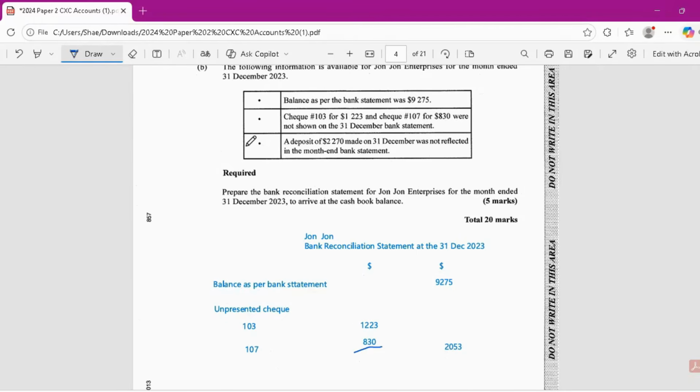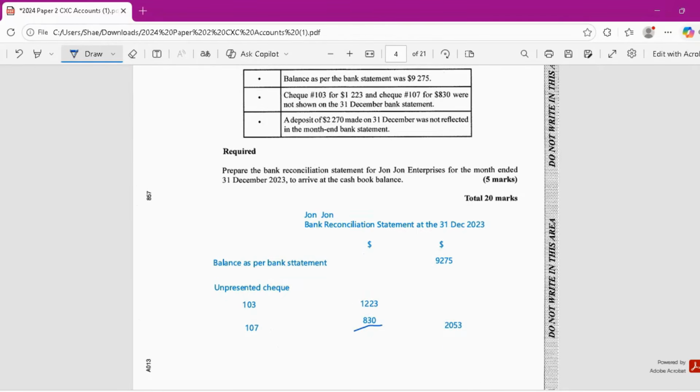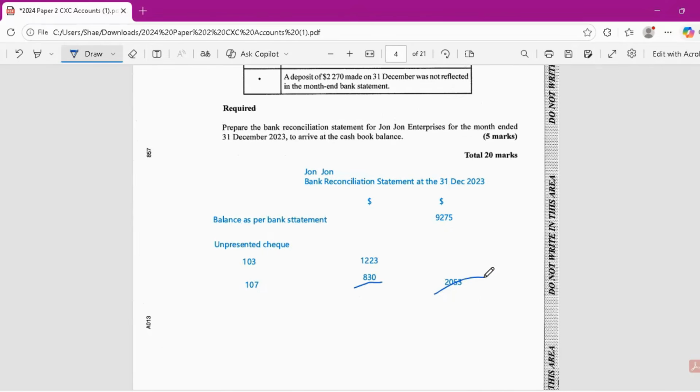So we can go ahead and subtract 2,053 from 9,275.